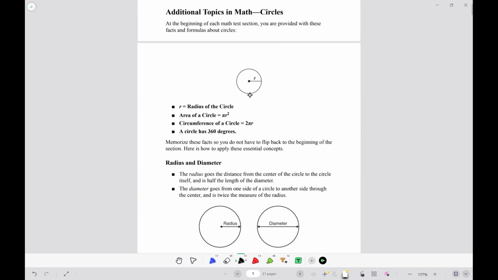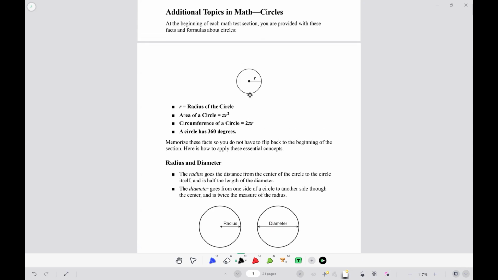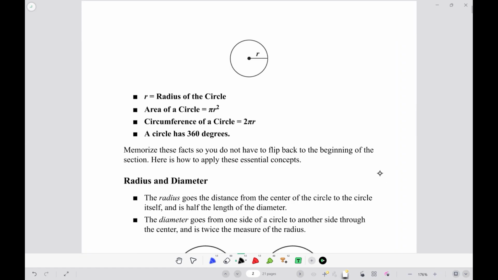Talking about the circle, we need to know about some very fundamental and very basic parameters, just like the radius, the area, the circumference, and the angle. And what does that mean, basically?